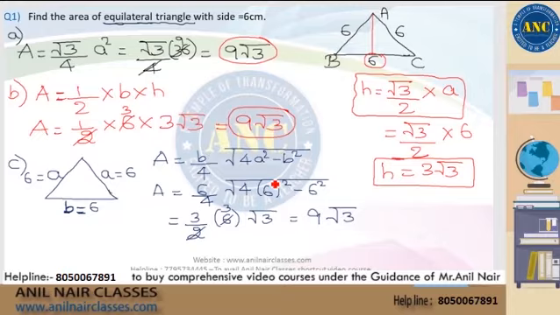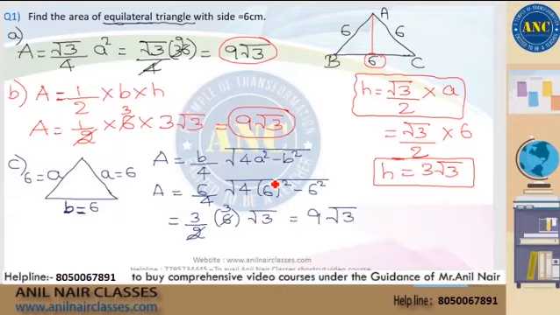You take any kind of triangle. The question says it's an equilateral triangle, but still I can use the notation of an isosceles triangle and get the same answer. I can use the same notation of half into base into height for a scalene kind of triangle and ultimately get the same answer.